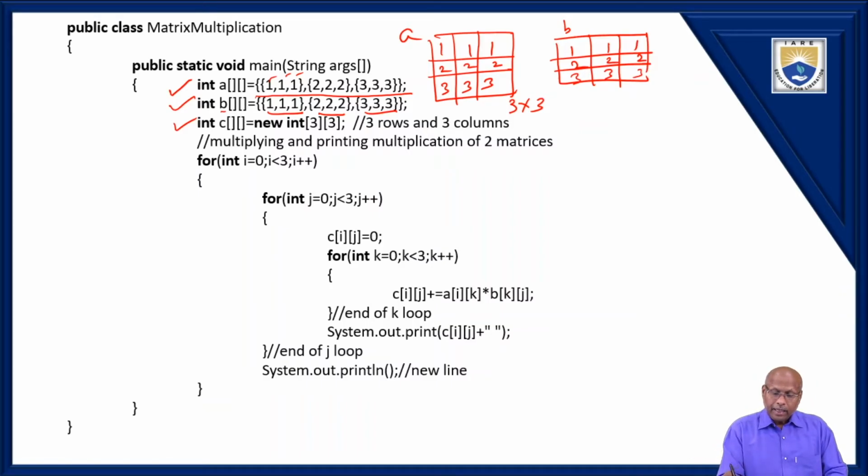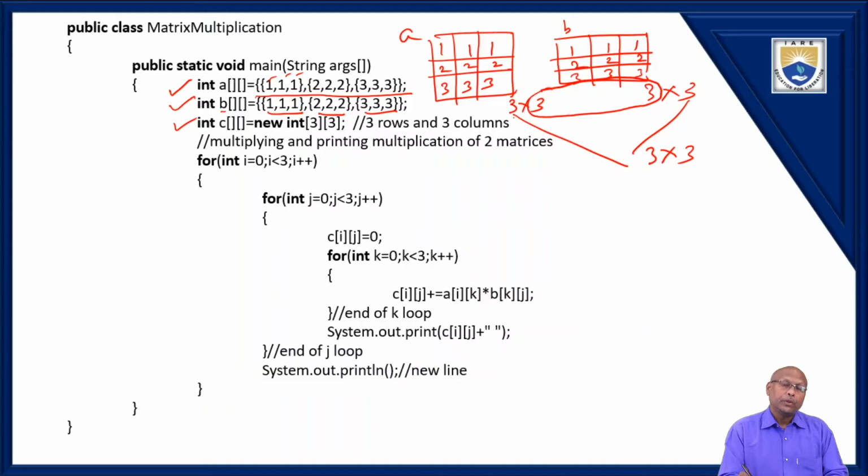That means I have two 3 by 3 matrices. So what should be the resultant matrix? For the resultant matrix, these two dimensions should be the same. So 3 by 3. This is the row size of the first matrix. This is the column size of the second matrix. So my resultant matrix should be 3 by 3.